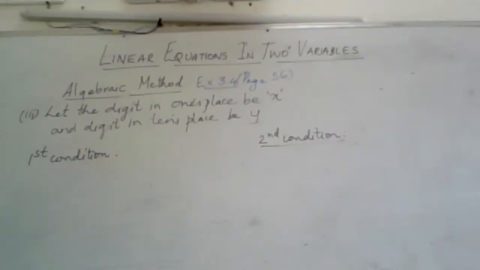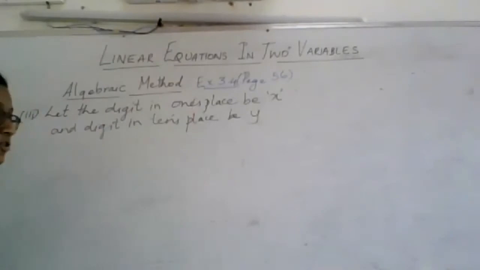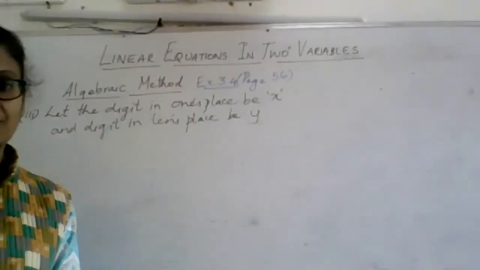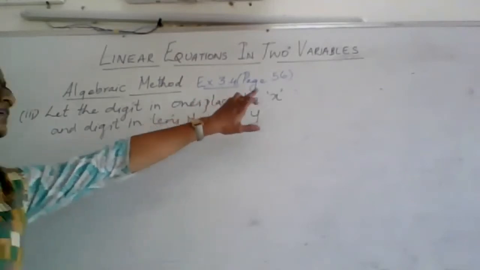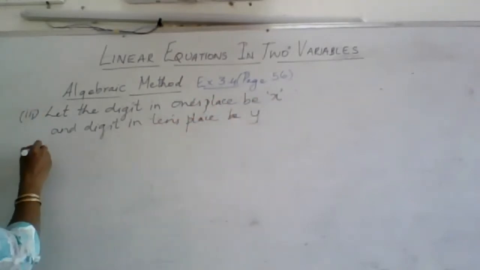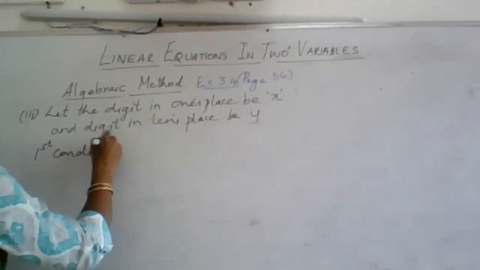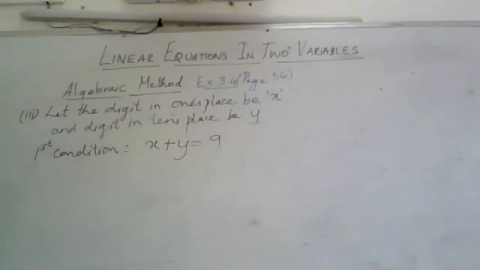We have fixed the two places as X and Y. So if you have X in the ones place and Y in the tens place, the first condition given to me is the sum of the digits of a two-digit number is 9. So these are the two digits. So the first condition says X plus Y equals 9. That means I add the two digits, I get 9. That's my first condition. Now the second condition is critical.